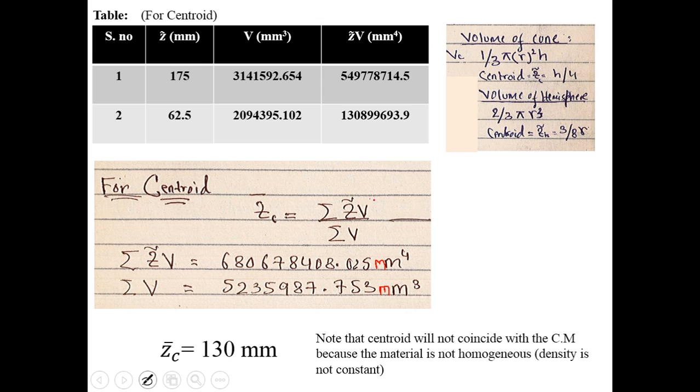In the formula, it is clearly shown that you need to find the product of z tilde and v. So there should be a column of z tilde v, and you have to find the summation of v, so there should be a column of v. And since you need to find z tilde into v, you have to list down z tildes as well. So just looking at the formula that you have to use, you can construct the table.